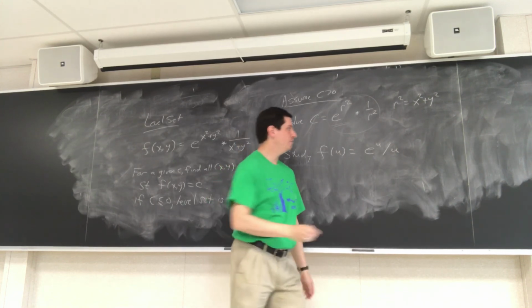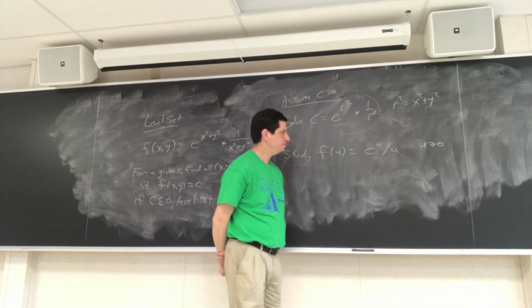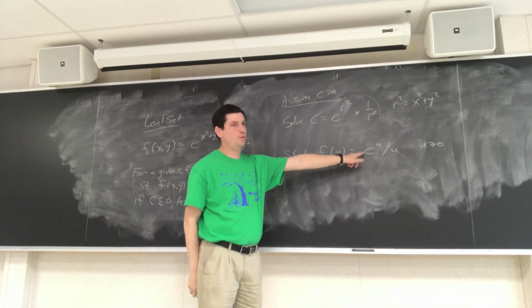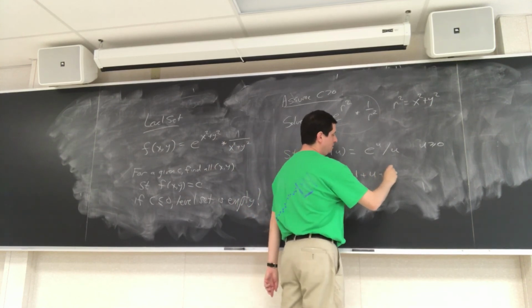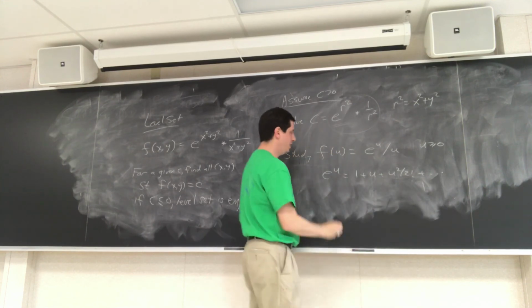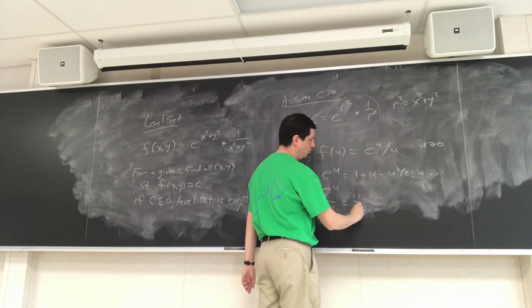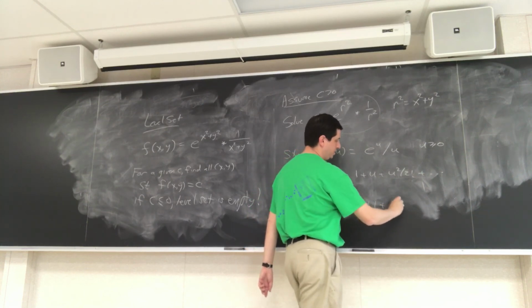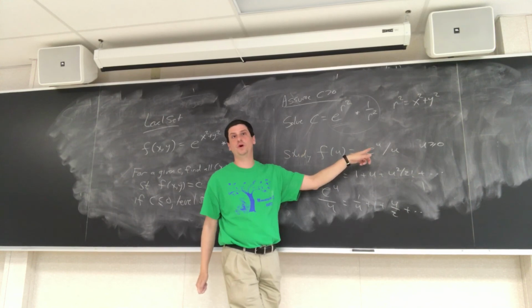And here we are restricted to u being greater than or equal to 0. Well, what's e to the u? e to the u is 1 plus u plus u squared over 2 factorial plus dot dot dot. So e to the u over u is 1 over u plus 1 plus u over 2 plus dot dot dot. This can't get smaller than 1.